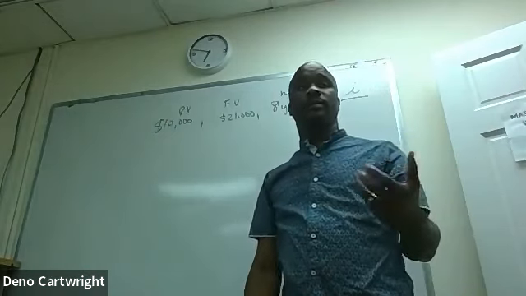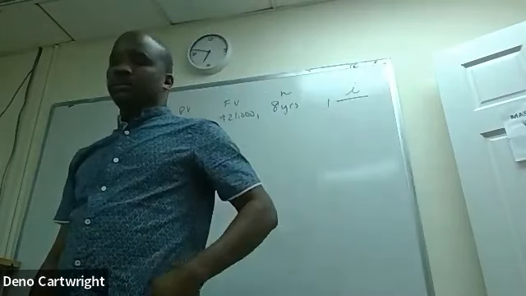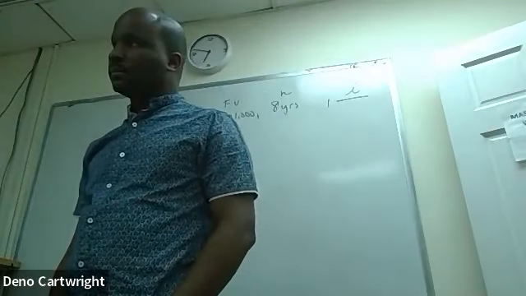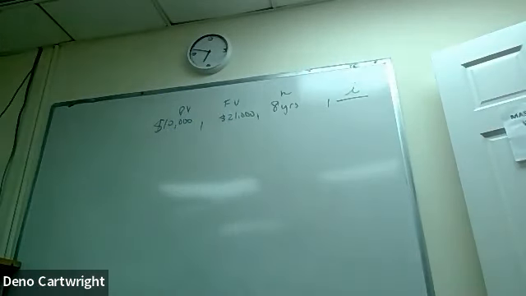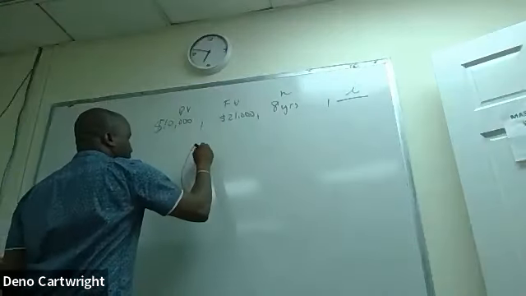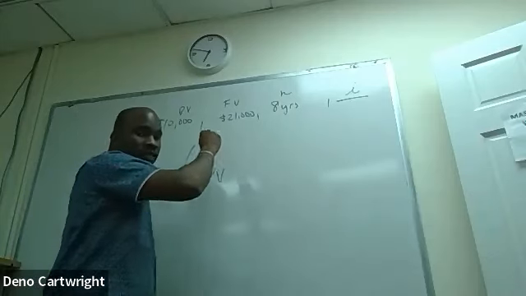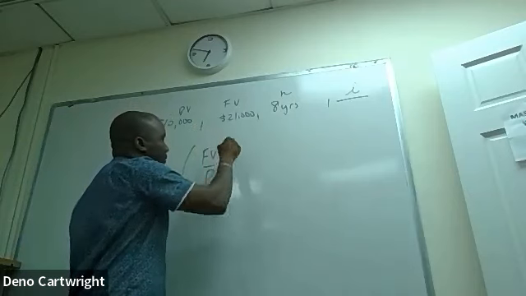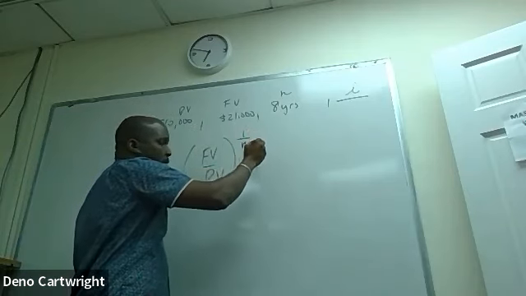First, let's go with what's my equation? It's future value divided by present value, to the power of 1 over the number of years, minus 1.